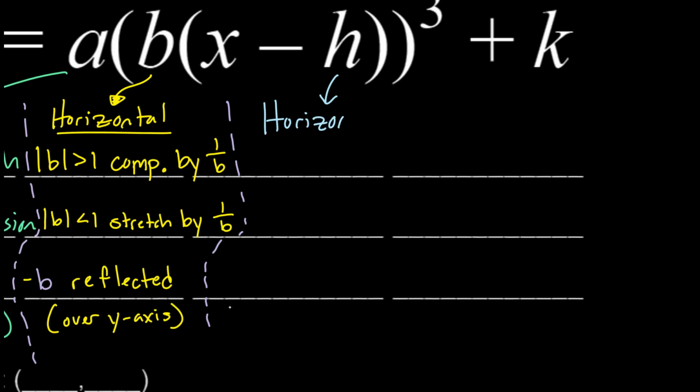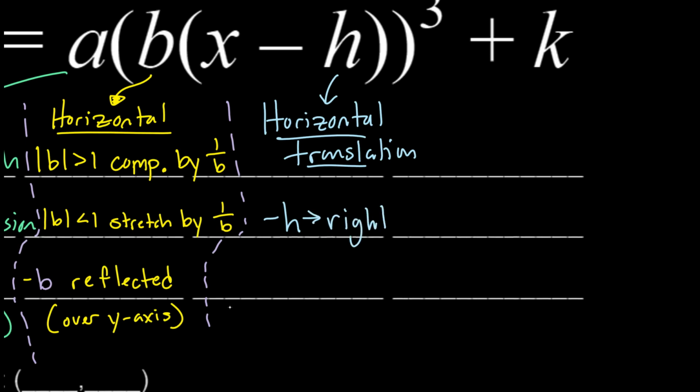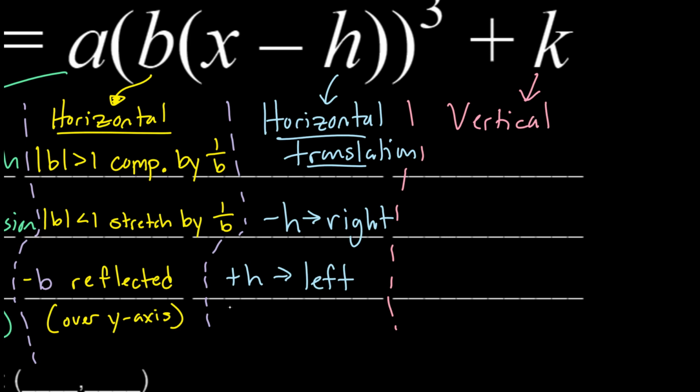Yes, horizontal translations. So, if H is negative, where does it go? To the right. If H is positive, where does it go? To the left. What about K? What does K do? Vertical translation.